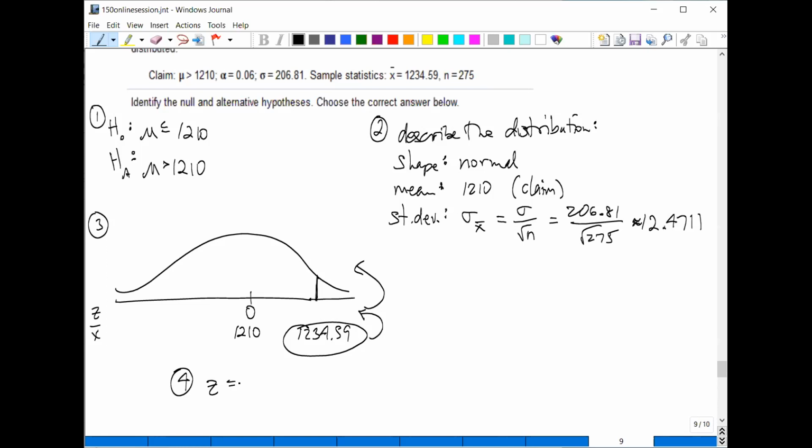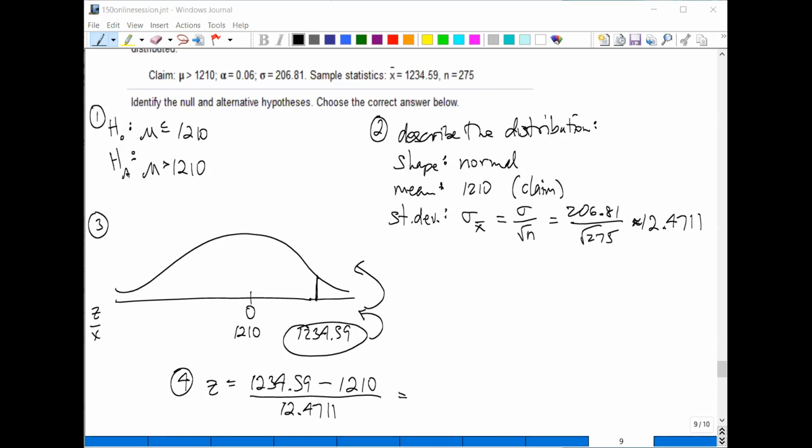So the calculations, z equals. So what does z equal? Z equals data value minus mean over standard deviation. So what's our data value? It came from the sample, and it's 1234.59. Subtract the population mean. Well, the population mean, at least based on the claim that we're comparing with, is 1210. Divided by the standard deviation. What is the standard deviation in our situation? Our standard deviation is sigma for X bar, and that is 12.4711.